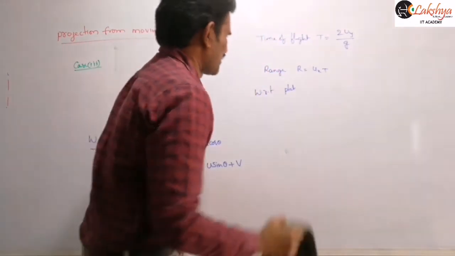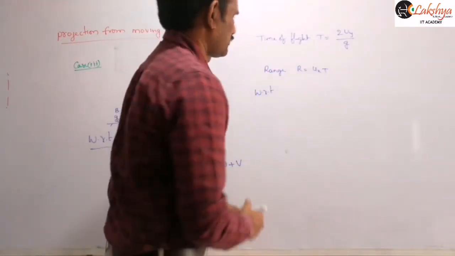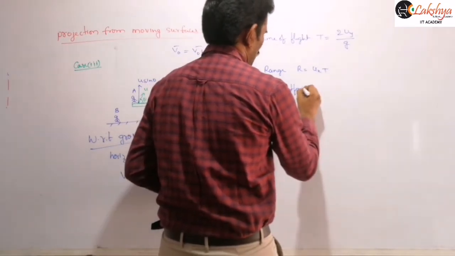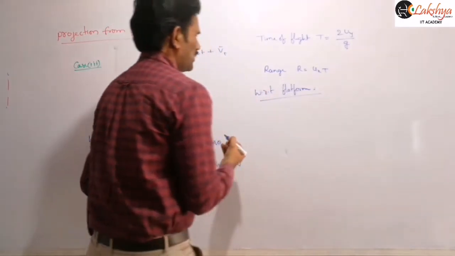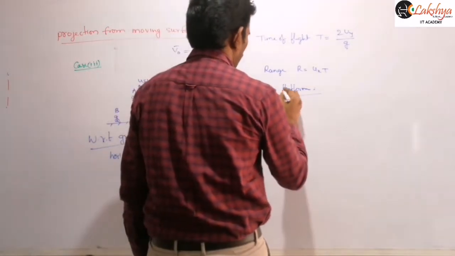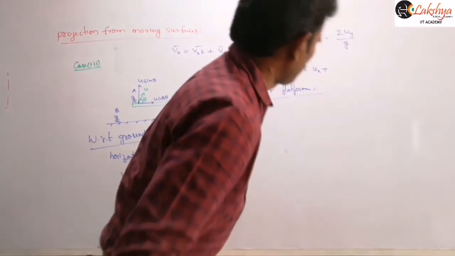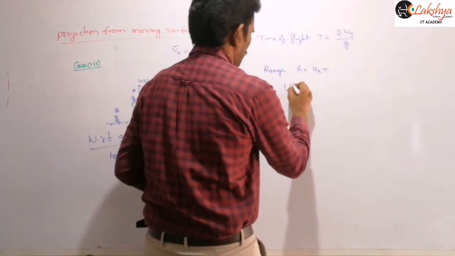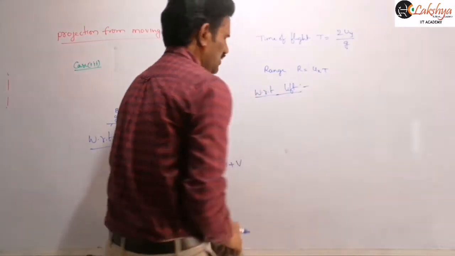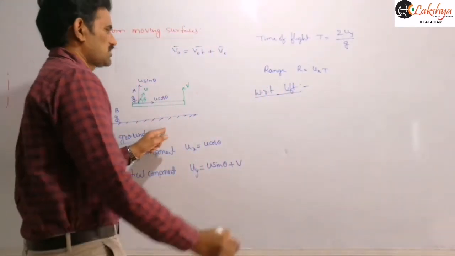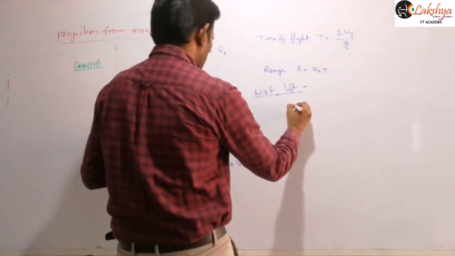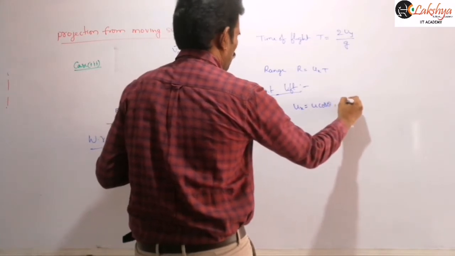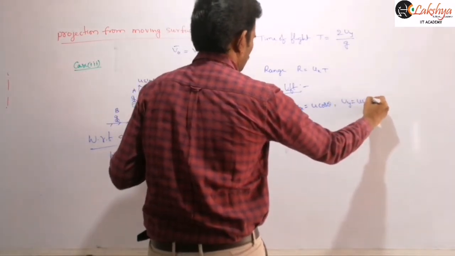So with respect to that platform, I'm treating that as a lift, so with respect to the lift, I can write ux will be equal to u cos theta, and uy will be equal to u sin theta.